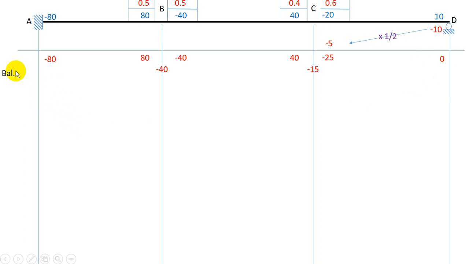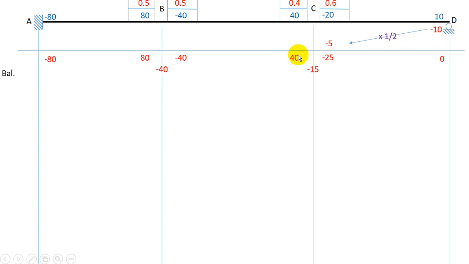So the first step for iteration is balancing. As I showed you the concept of balancing, 80 minus 40 would be a plus 40, and to balance this plus 40, my beam has to give an anti-clockwise moment of minus 40. So this is basically called balancing.